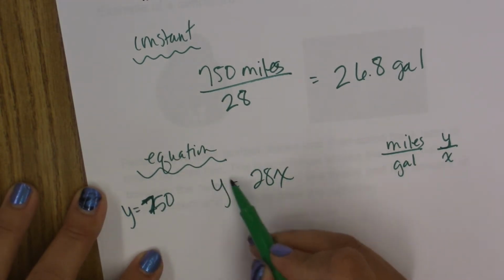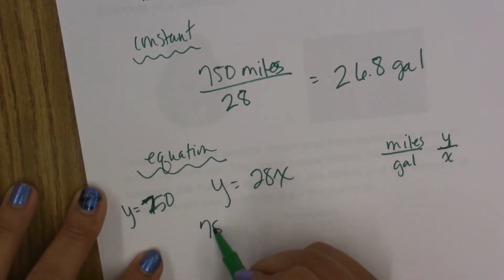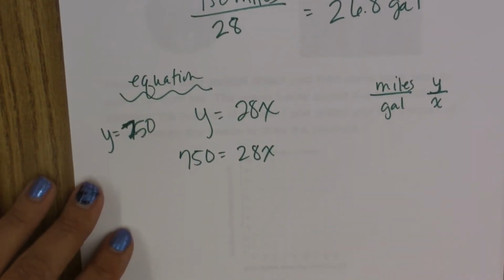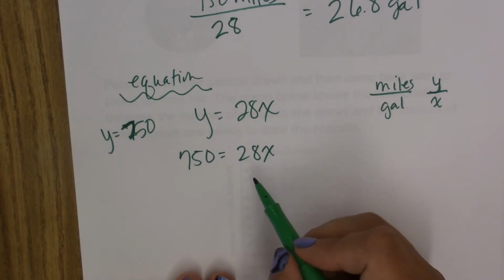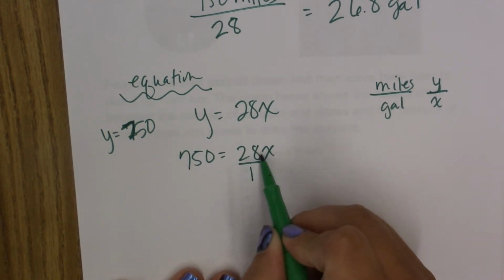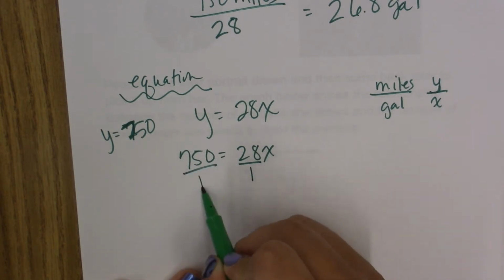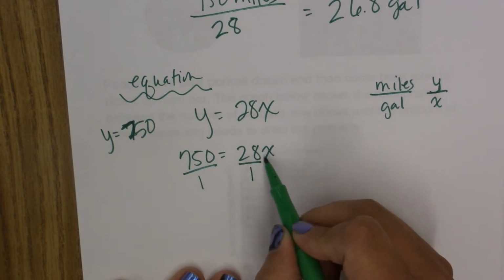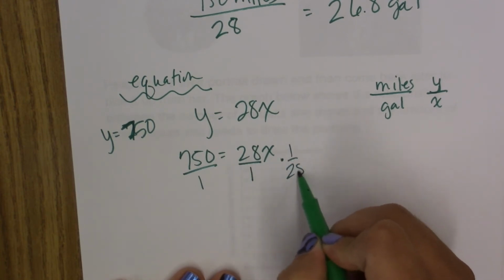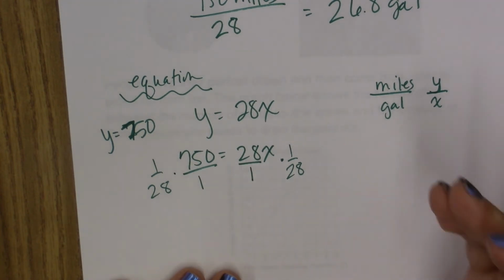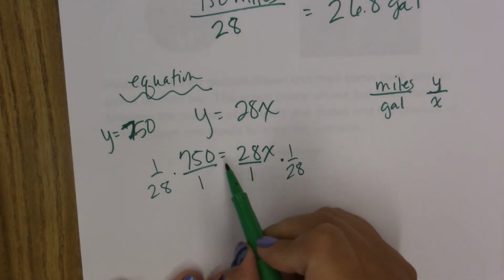So we're going to replace this with our 750. We talked about this in our previous examples, that when we have these two that are multiplied and we don't know what to multiply by, we multiply by the reciprocal of our number, which, remember, reciprocal means to flip this. So we're going to multiply by 1 over 28. And since it's an equation, if we do one thing to one side, we have to do the other. That way we can keep it equal.